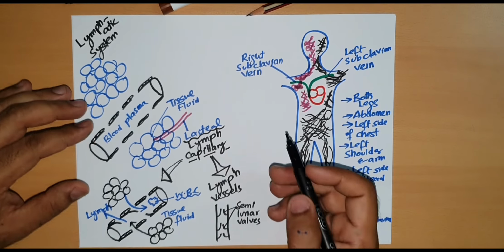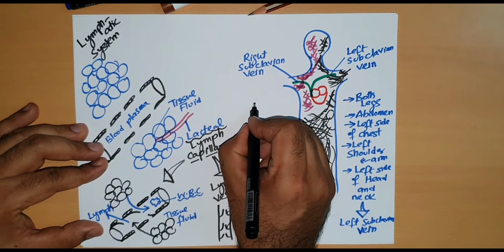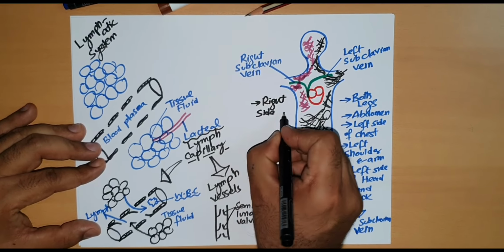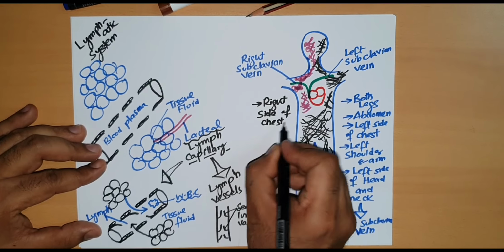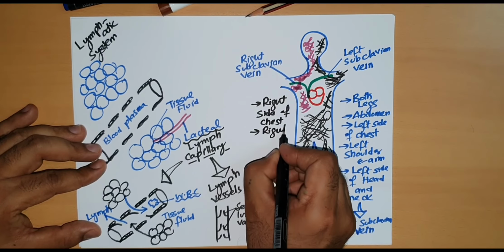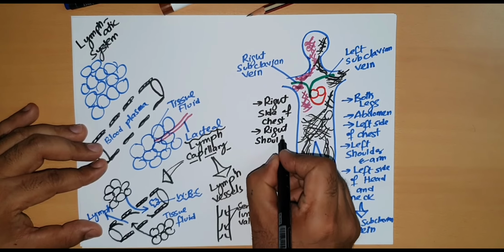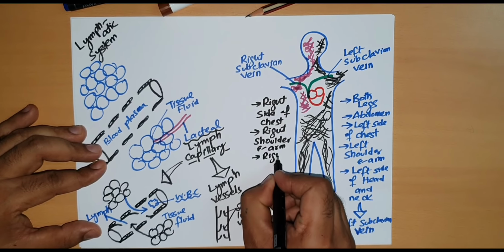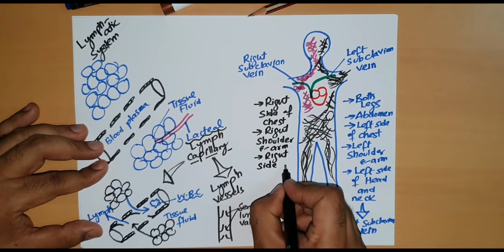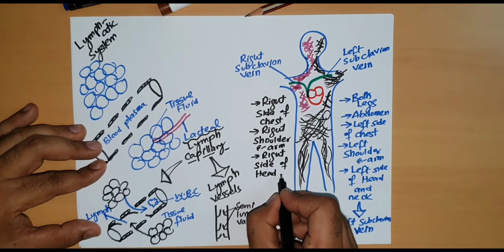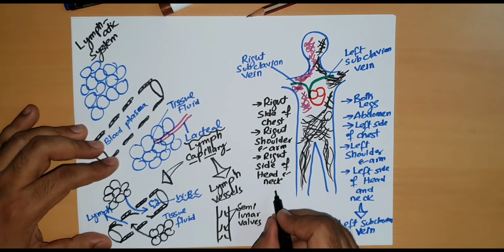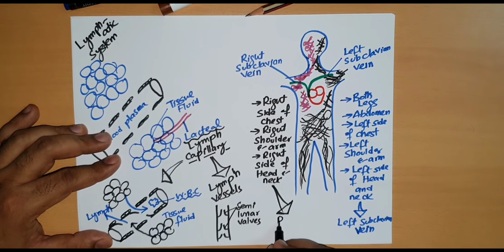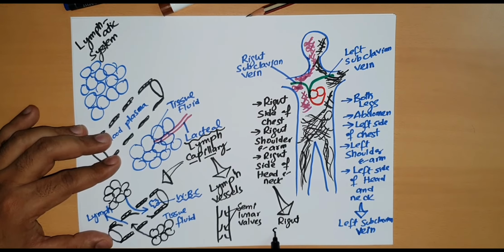Let me write on this side: from the right side of chest, from right shoulder and arm, and right side of head and neck, the lymph is poured into the right subclavian vein.